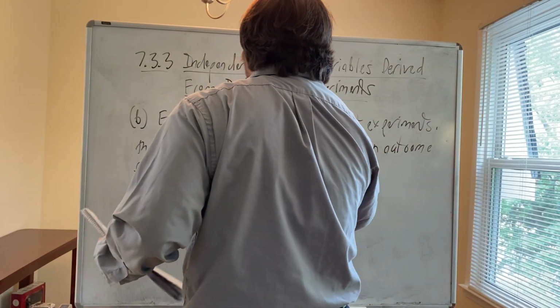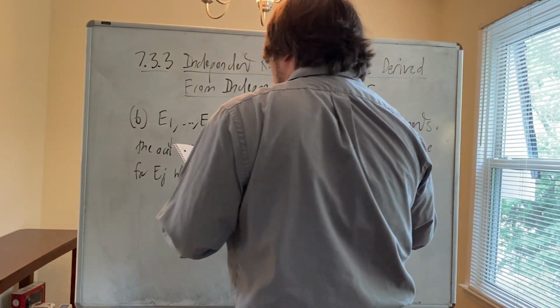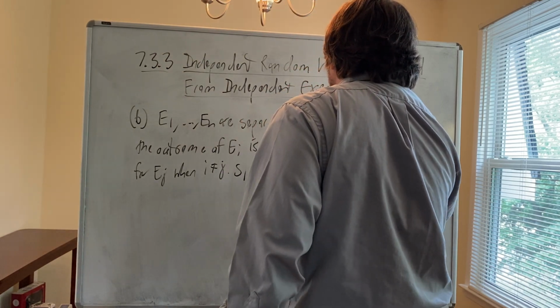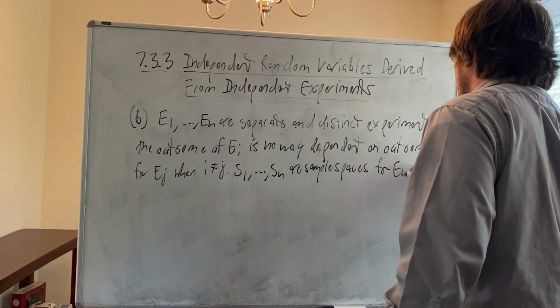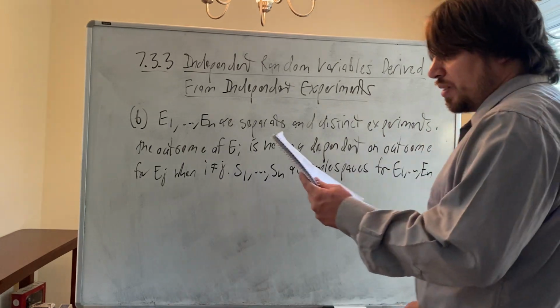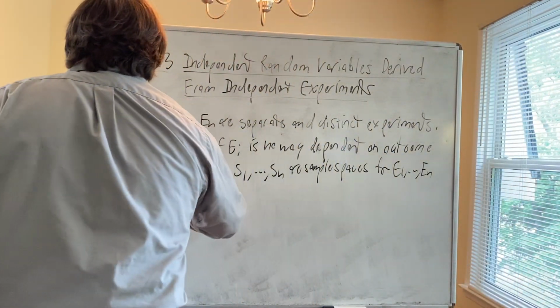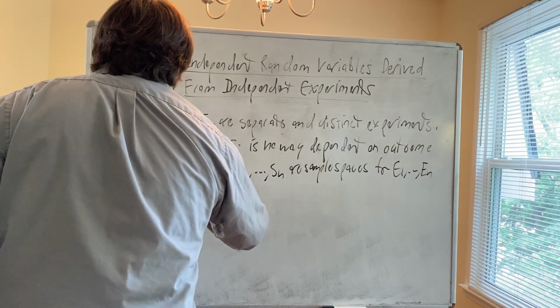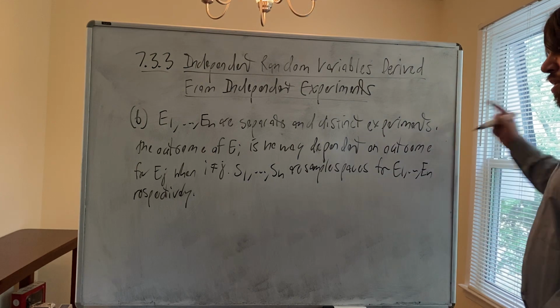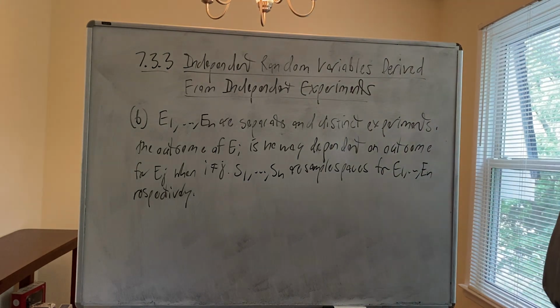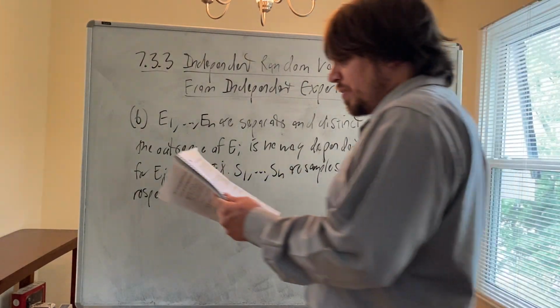So S1 to Sn are the sample spaces, the sets of outcomes, for experiments E1 to En respectively. Right? That means S1 is the sample space for E1, S2 is the sample space for E2, and so forth. Sn is the sample space for En.